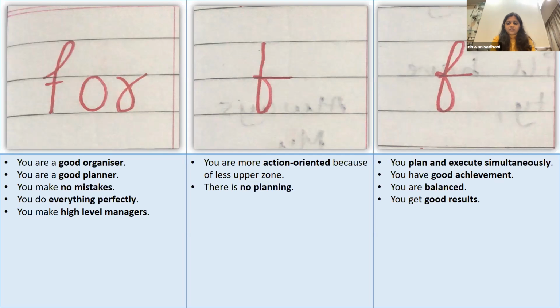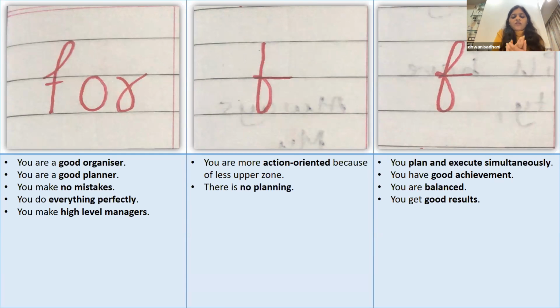Now in the third one, your upper zone is also very good and your lower zone is also very good, right? And your middle zone is also quite nice. So it means that this is very good. You can plan things very well and you can execute things very well. So these people naturally are going to have good achievement.